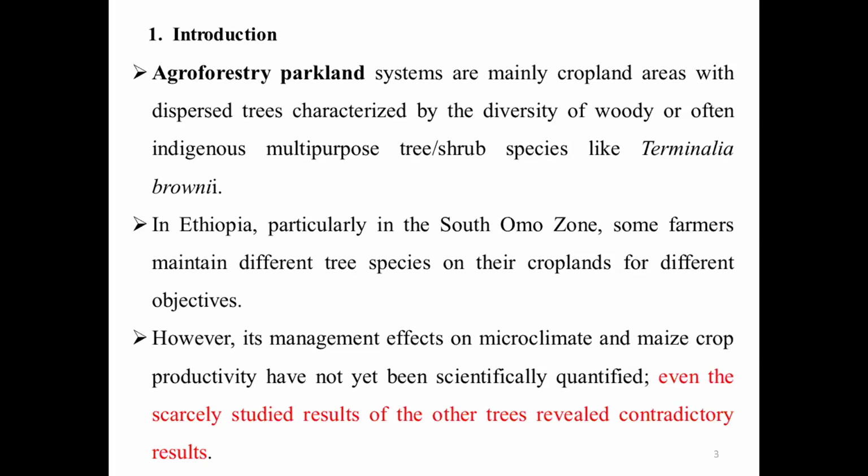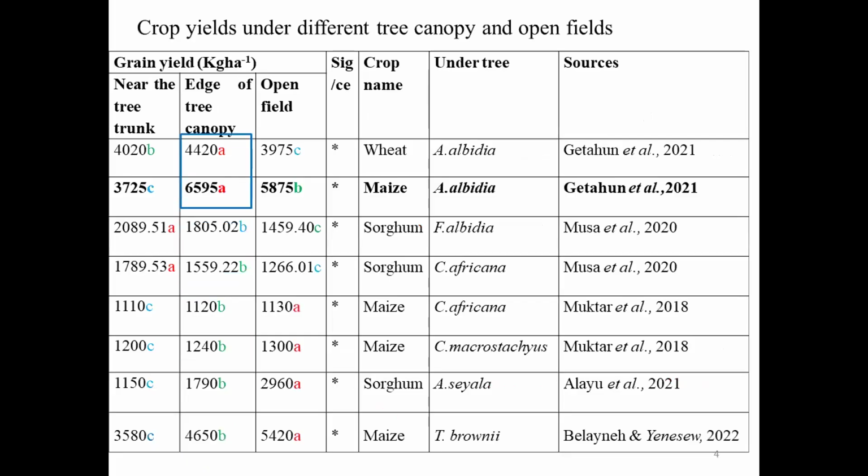Even studies done on other trees indicate contradicting results. For example, the first two research results indicate the highest crop yield found at the edge of the tree canopy.